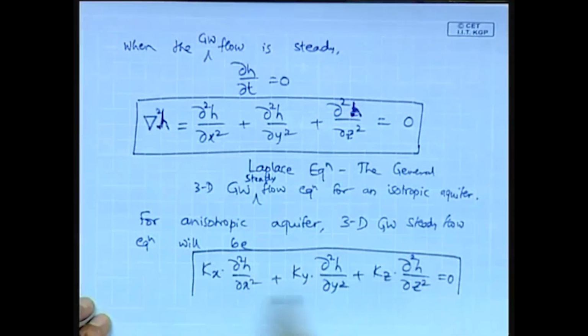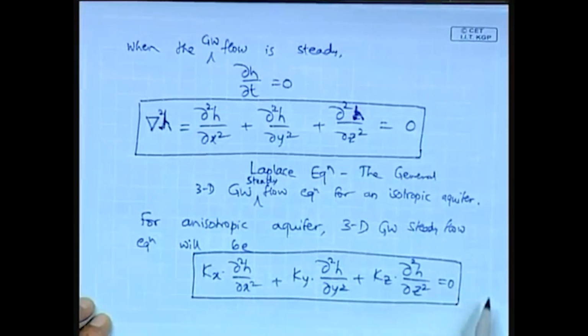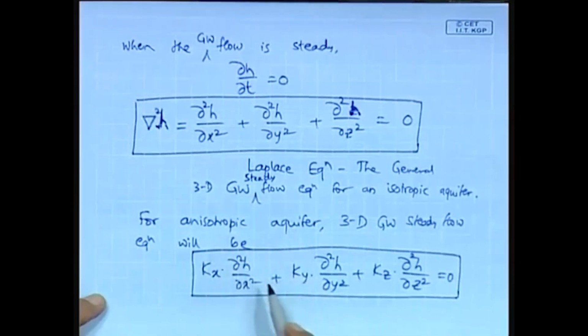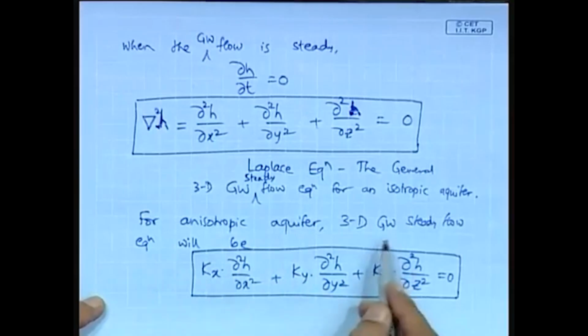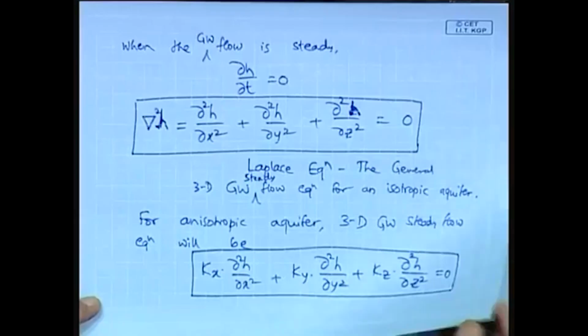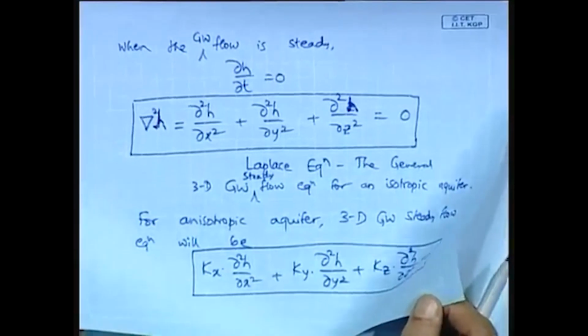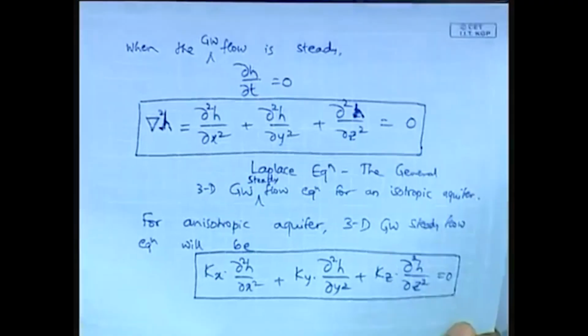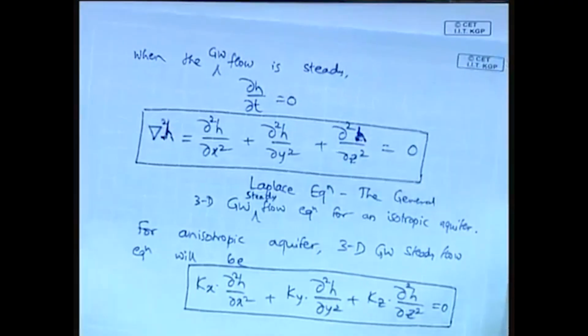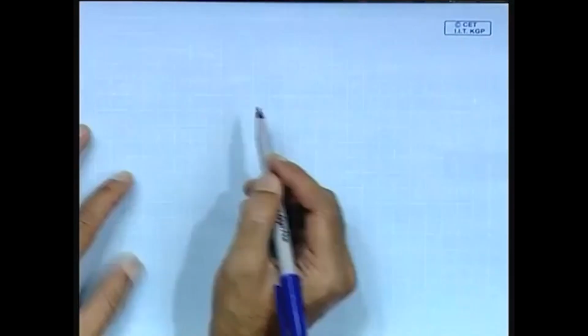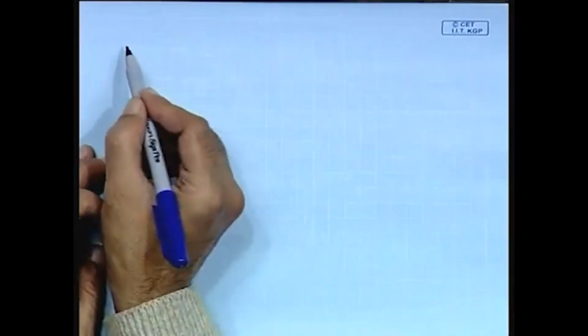So, this is when the flow is steady, three dimensional, and the aquifer is anisotropic. When the flow is three dimensional through an anisotropic aquifer and the flow is unsteady, in that case the right hand side will not be 0.